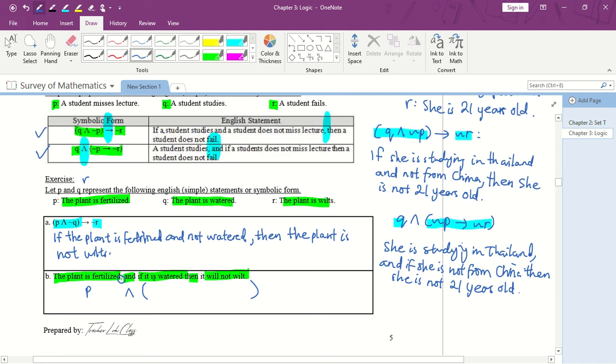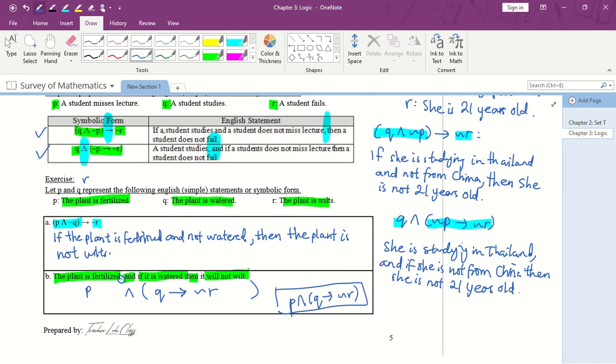If it is watered, Q, then it will not wilt. Negation R. So the answer basically is P and parenthesis Q to negation R. And we are done. Okay, for this part.